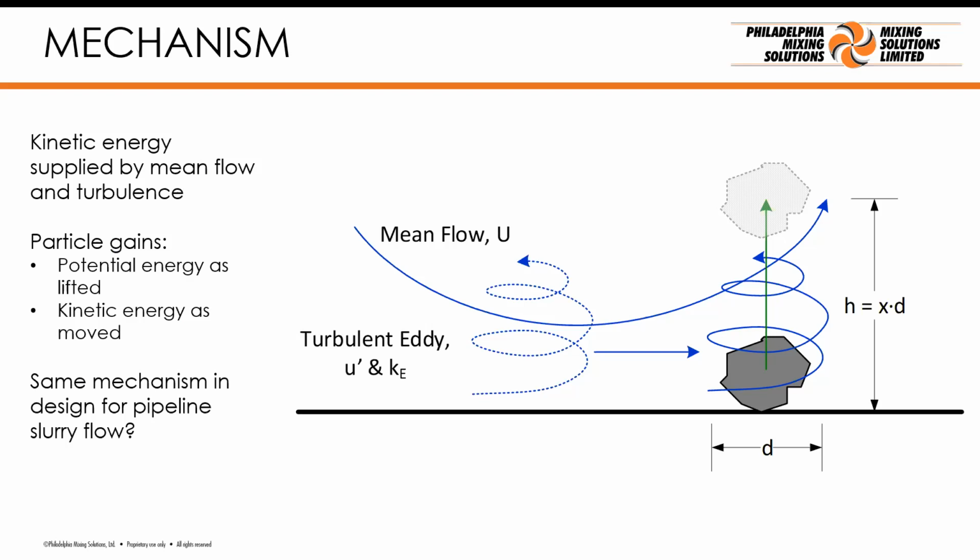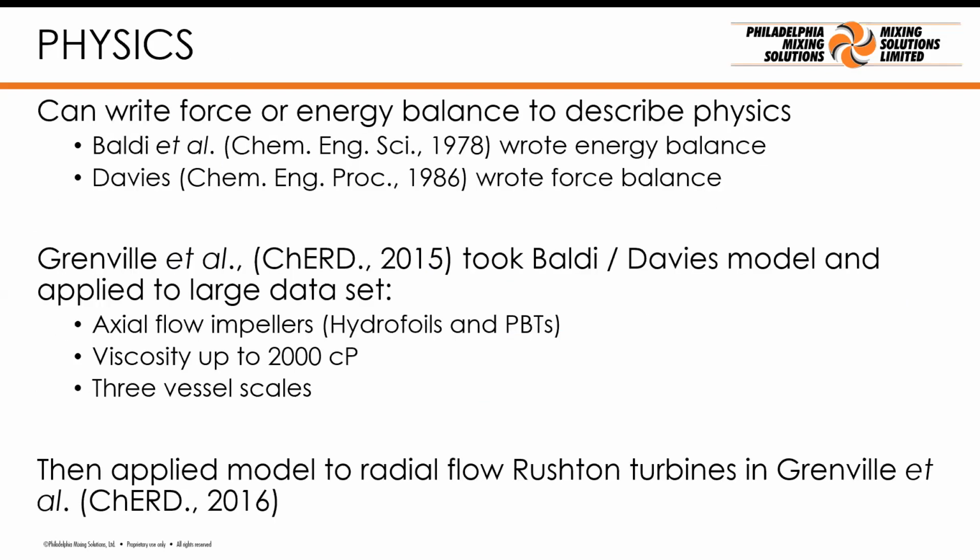The particle gains potential energy as it's lifted up off the base of the vessel, and kinetic energy as it's moved. And this is essentially the same mechanism that you would see if you were designing a slurry pipeline. The force or energy balance between the particle and the liquid. So this is our starting point.